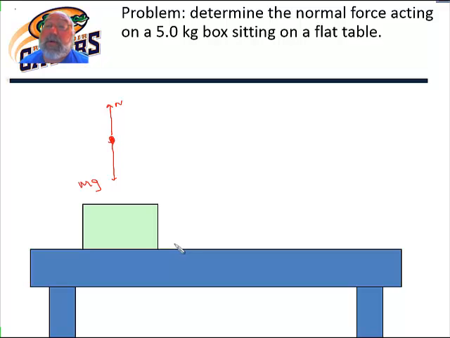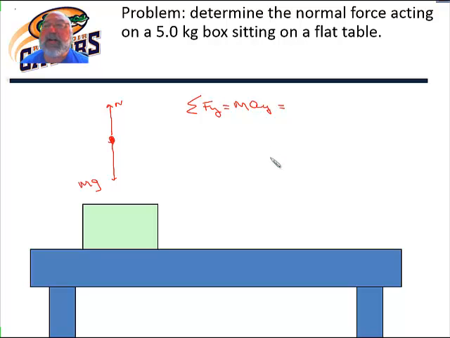Well, now it's time to write our equations of motion, our Newton's laws equation of motion. I'm not going to write anything for the x direction because there are no forces acting in the x direction. So let's write our equation of motion for the y direction. Sum of the forces in the y direction is equal to the mass of the box times the acceleration of the box in the y direction, and that's equal to the sum of the forces.